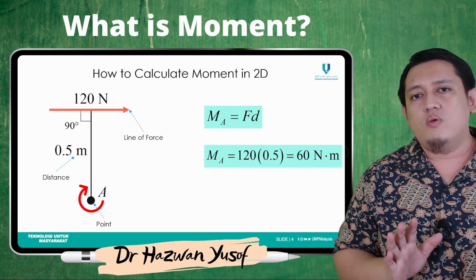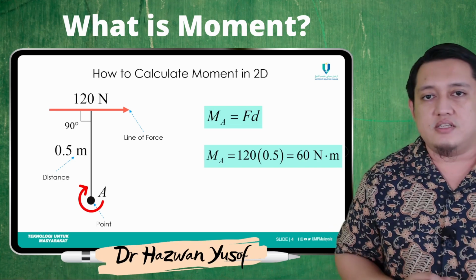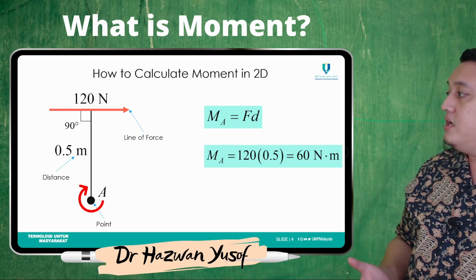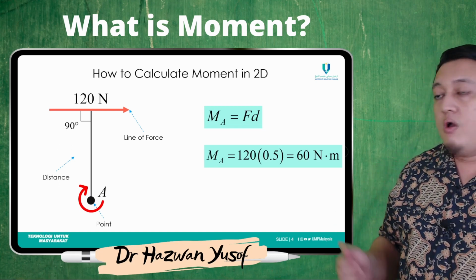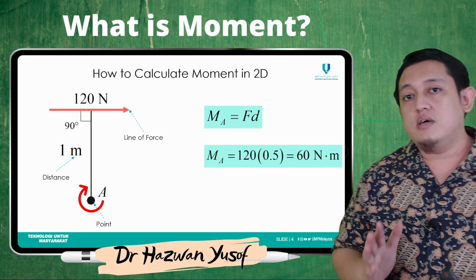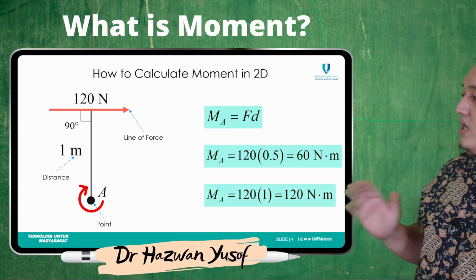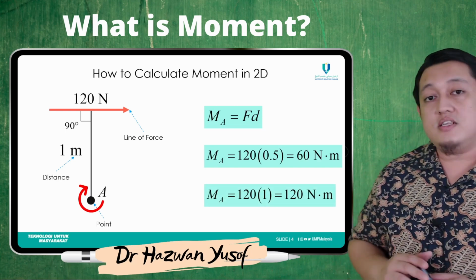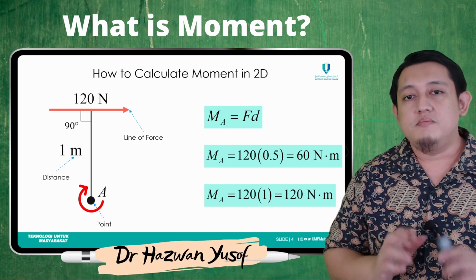Let's say we want to increase the distance. What will happen to the value of the moment? Let's say we change from 0.5 to 1 meter. Let's calculate the moment. The moment here will be 120 times 1 equals 120 Newton meter.